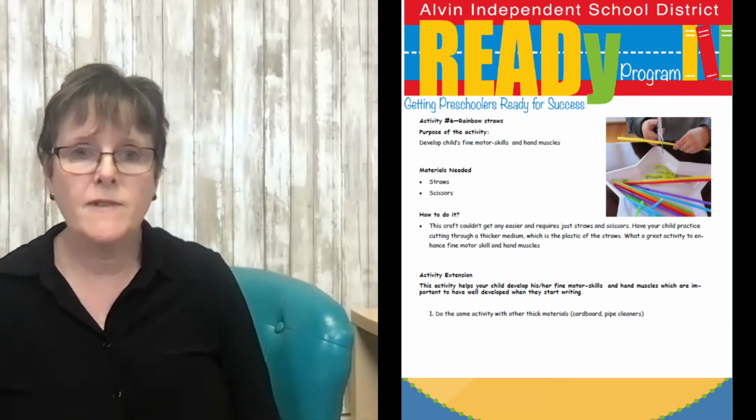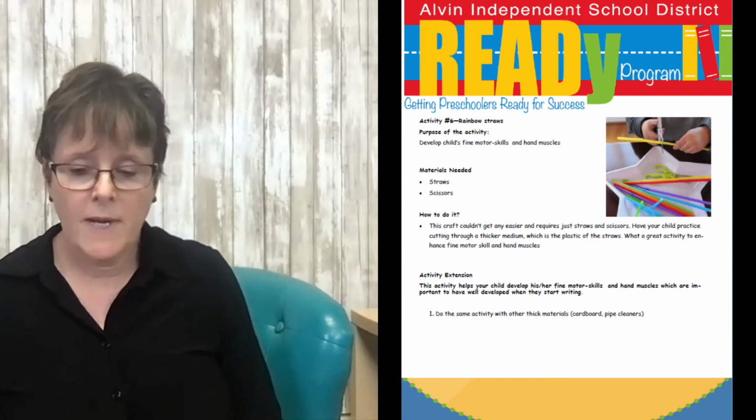Next, we have the rainbow straws. You were given straws at the beginning of the Ready program in your bag. The purpose of this activity is to really strengthen that writing hand and teach cutting. The firmness of the straw increases the strength of the hand.